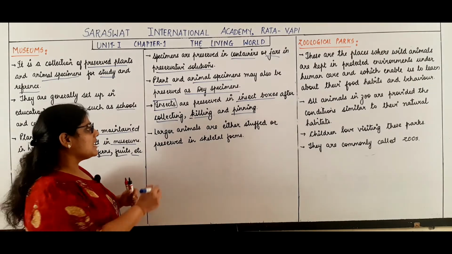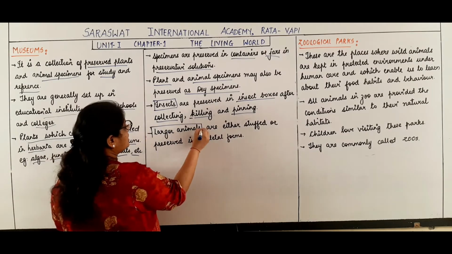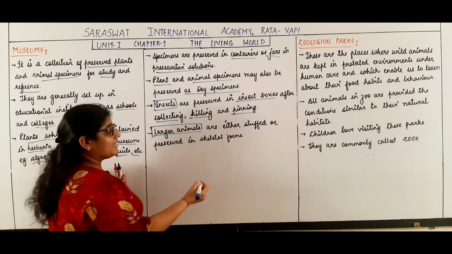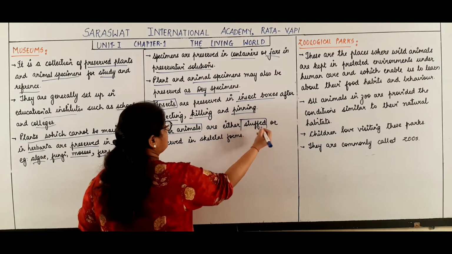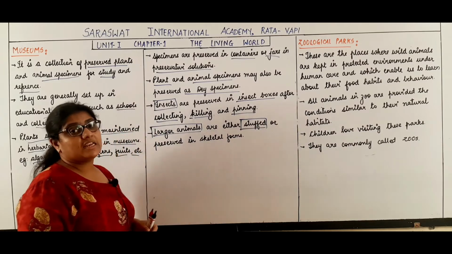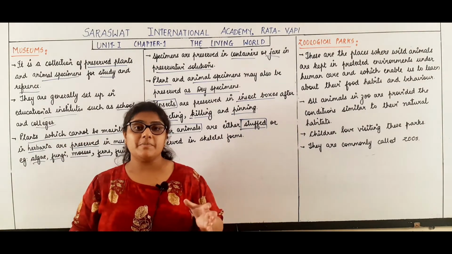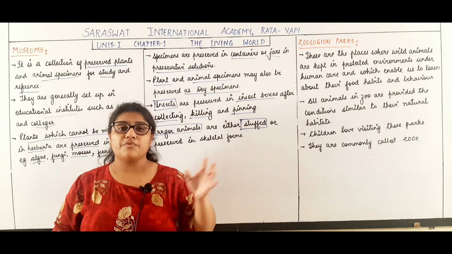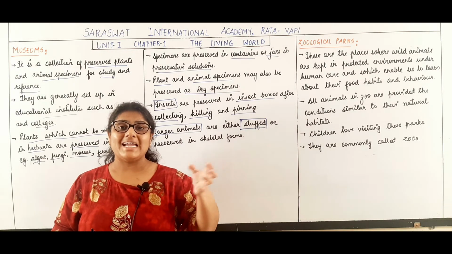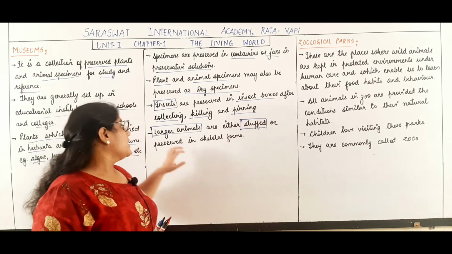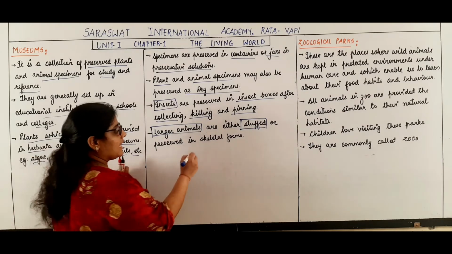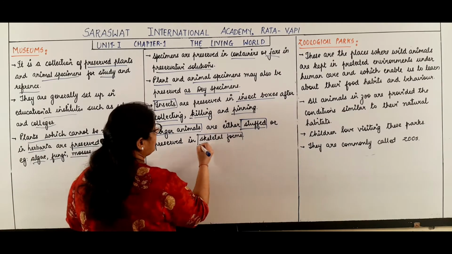Now students, how are the larger animals kept in the museum? So either they will be stuffed. Stuffed means their living tissues will be removed, and instead of living tissues there will be the stuffing of cotton, of dry leaves, fodder, etc. So larger animals are either stuffed or their skeletons may be preserved.